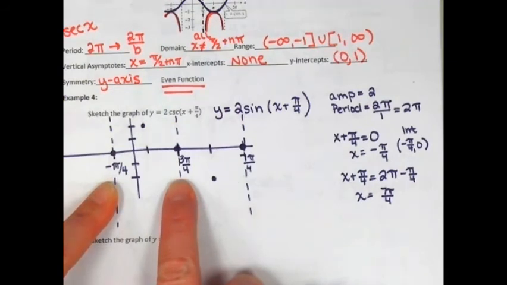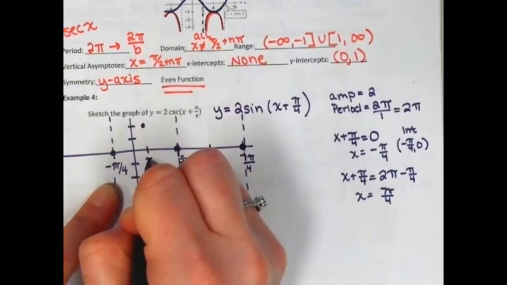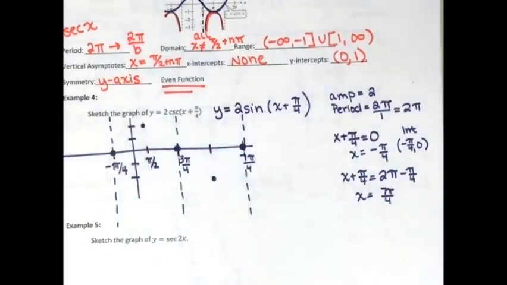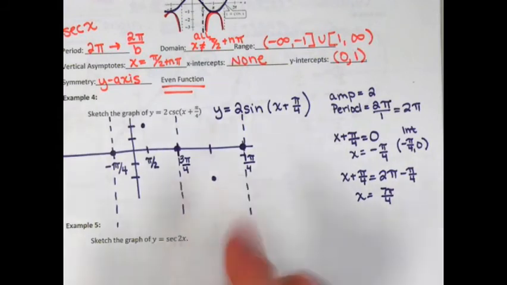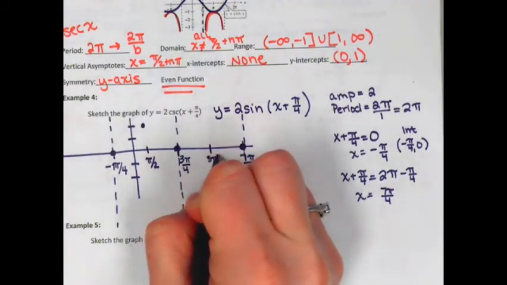Is that 2/4? And what's 2/4? Pi over 2, right? Okay. What's the middle of 3/4 and 7/4? 10/4, which is 3 pi over 2.